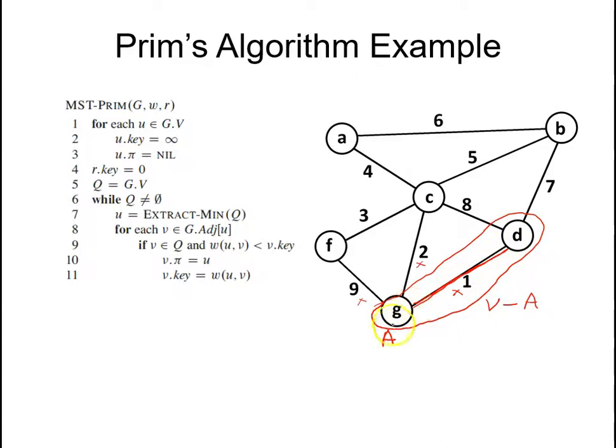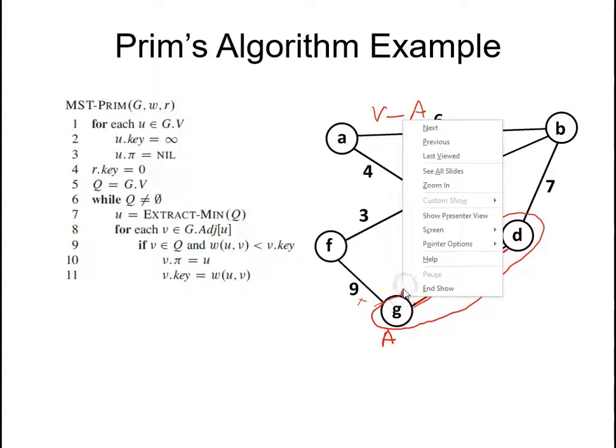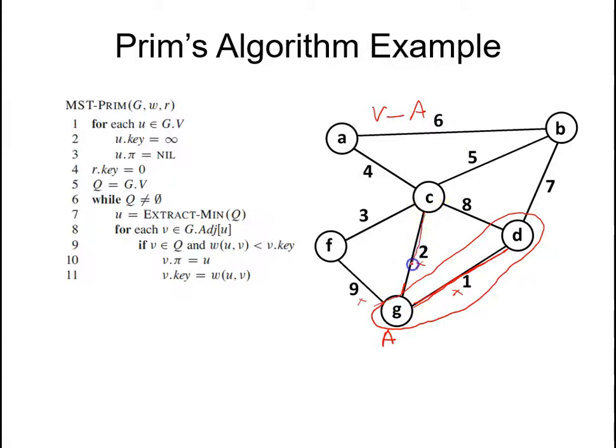Okay, so now this is our new A, this set, and V minus A is now everything outside of the set. Now we look at all the edges going out of our set A, and the minimum edge is obviously this one. So we know that this edge is part of our minimum spanning tree.